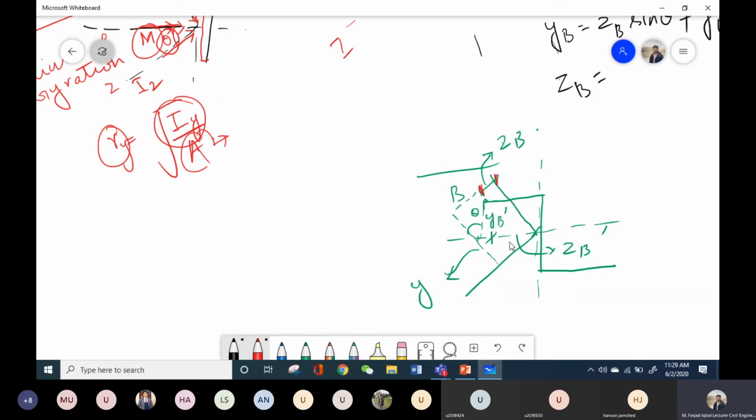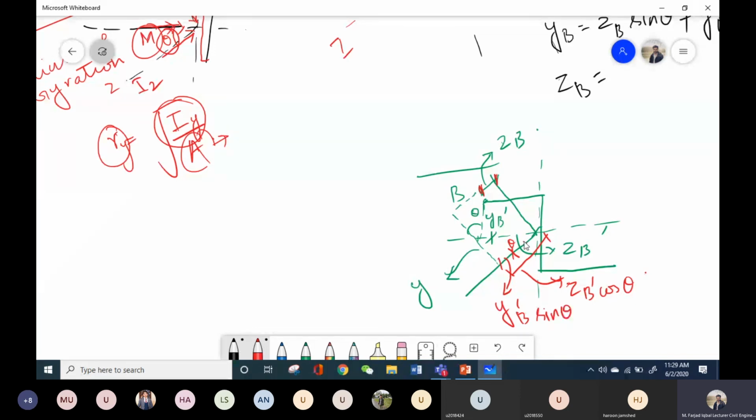Okay. So if we look into this figure, what is this distance? This whole distance from this point to this point is ZB dash cos of theta, right? So what will be this distance? Can I say that this distance is YB dash sine of theta?